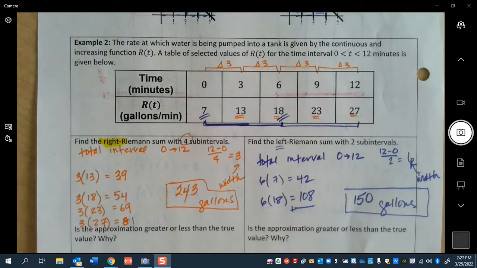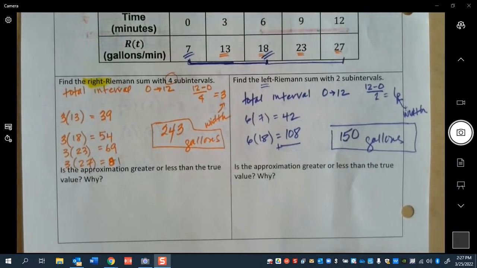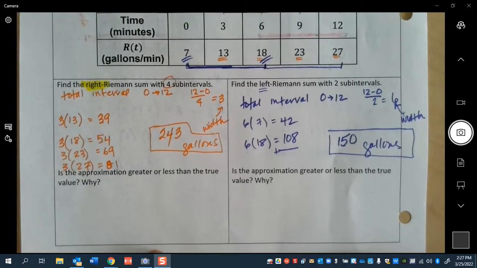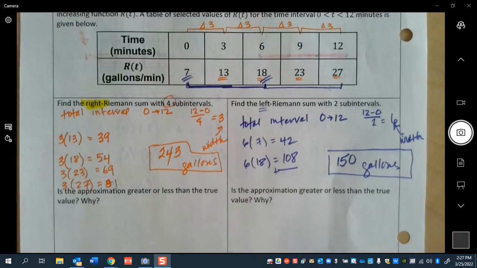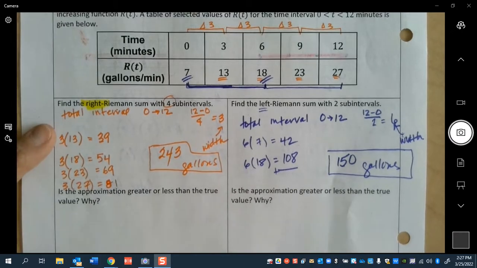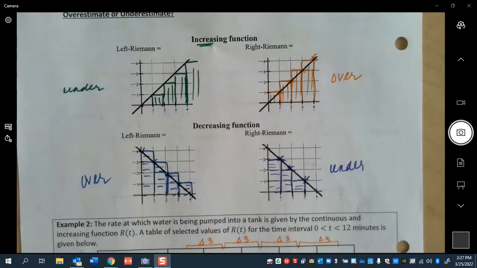Okay. So when we look at each of these, is the approximation greater or less than the true value? Because my tank is an increasing graph, if I do a right-hand sum of an increasing graph, it ends up being an overestimate.